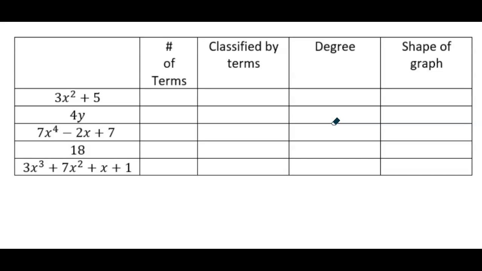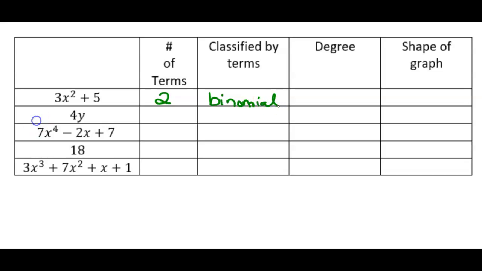So using your notes, how many terms does this one have? This one has 2 terms, okay? It's got an x squared term and it's got a constant term. So if it's got 2 terms being added together, it is a binomial. I'm going to have you fill in the rest of this chart here.